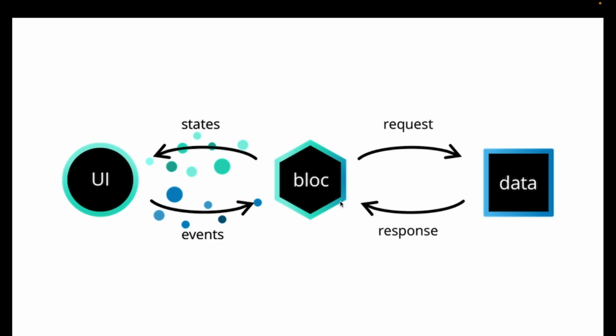Kwa hiyo yeye atachukua hizo information, then if something is wrong atarudisha state okay, there is something wrong with the database, or hey, I think you don't have internet maybe, so there is no internet connection, or maybe okay, now nimeletewa response, all customer wameletwa, and then this is your list of customers.